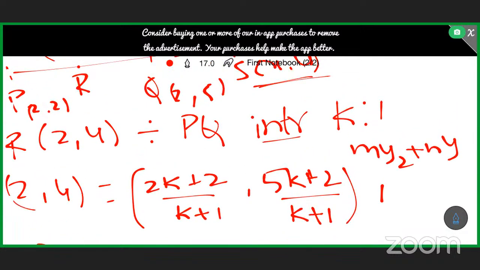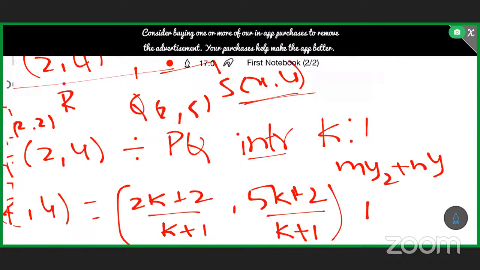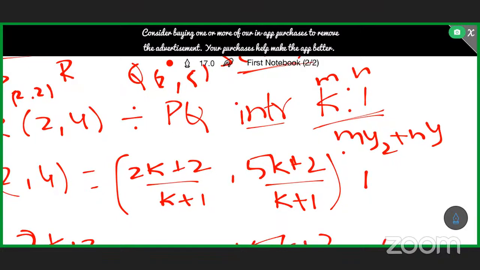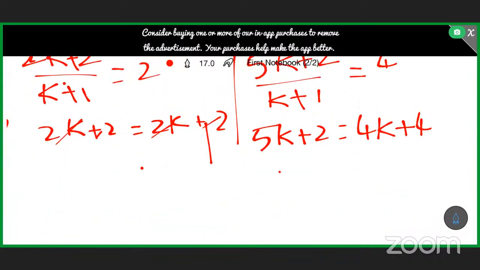M value is k, y2 value is 5, so 5 into k is 5k. N value is 1, y1 value is 2, 2 into 1 is 2. K is to 1 ratio: this is my m and this is my n. So 5k plus 2 is equal to 4k plus 4. So k is equal to 2.